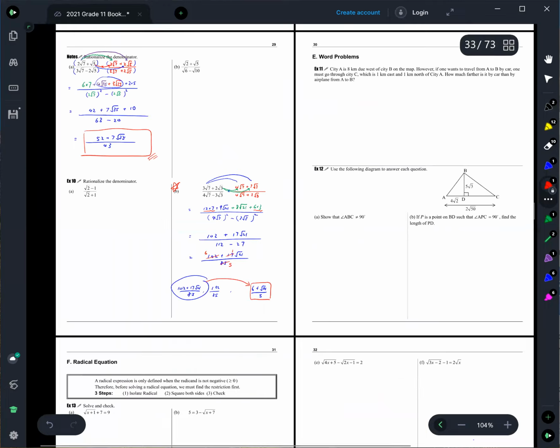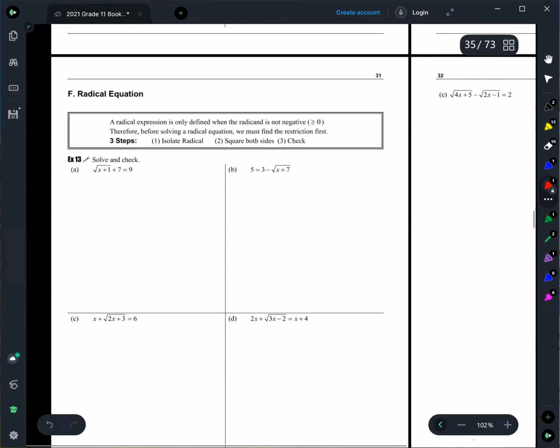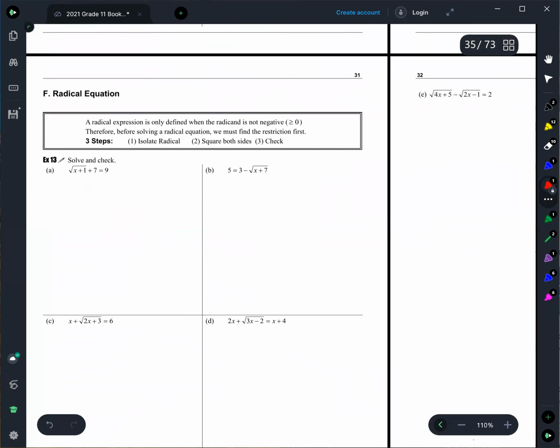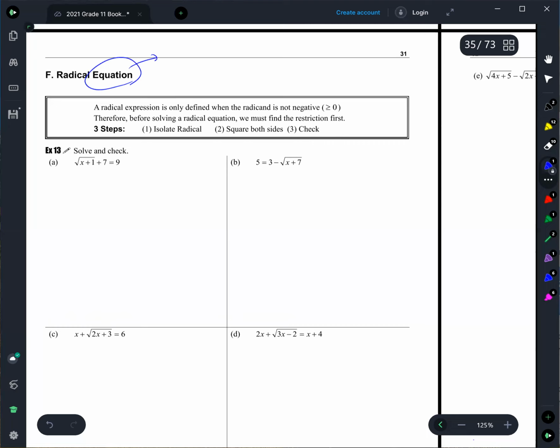Last thing I want to cover is the radical equation, which is on page 31. So please turn to that. A radical equation means you have a left side and a right side, and they equal each other. That's why it's called an equation. And usually when you see an equation, you want to solve for x.